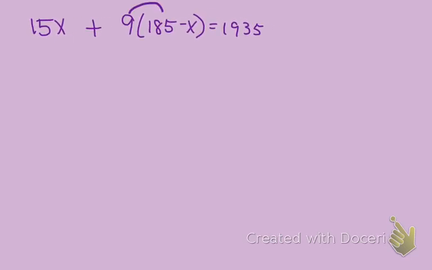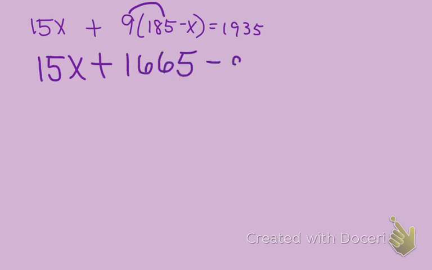And then we'll distribute that. 9 times 185 is 1,665. So 15x minus 9x plus 1,665 equals 1,935.